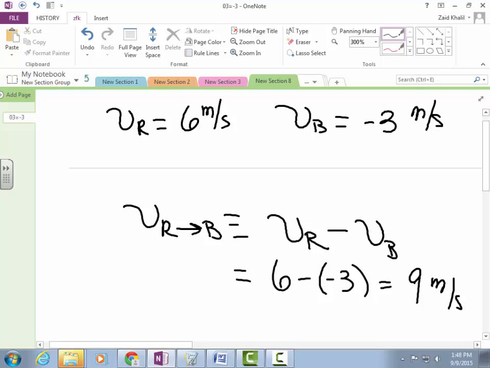And what did we call to the right? Positive. So this definition is physically reasonable in 2 different ways. First, it gives the proper speed, and second, it gives the proper direction. So 9 is the velocity of the red from blue's perspective.